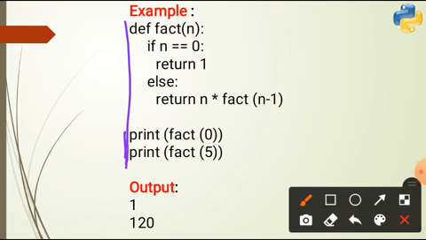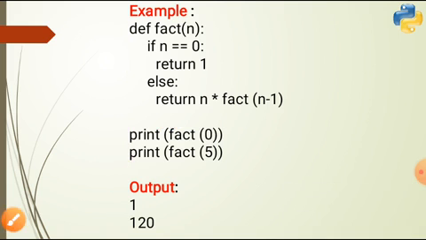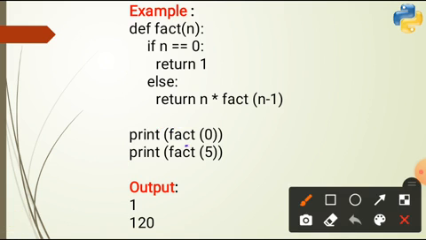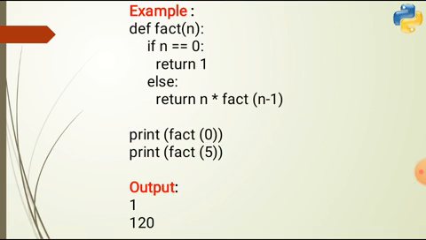It should come straight to the function definition. Here, fact of 0. The program directly starts from the print statement, because def defines a function, which executes only whenever we call it. So the program comes straight to the print statement.